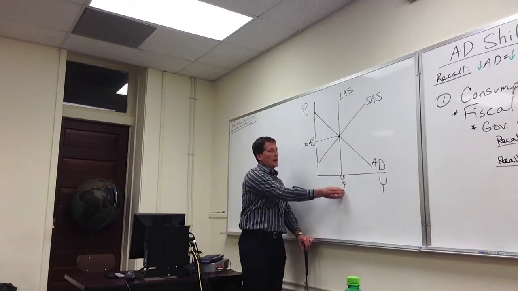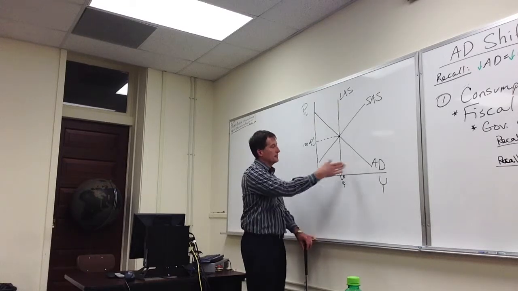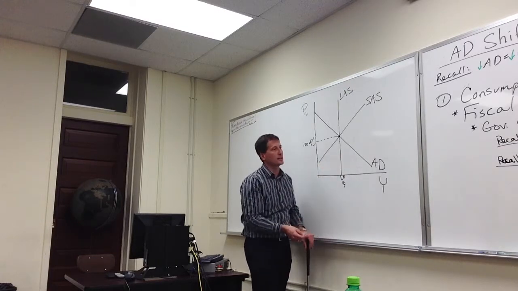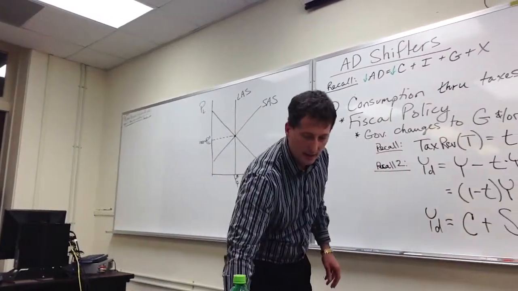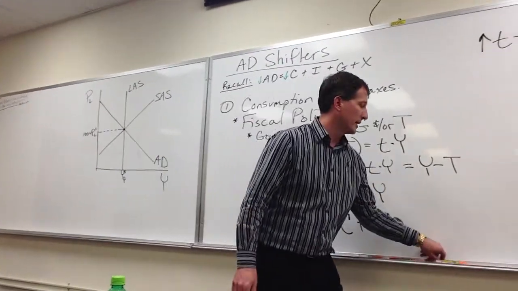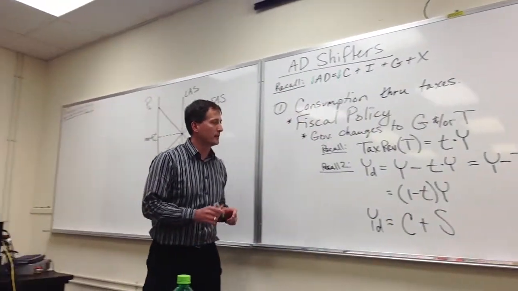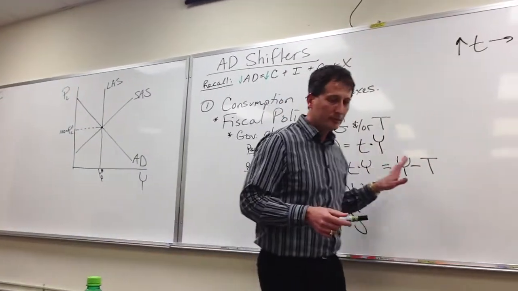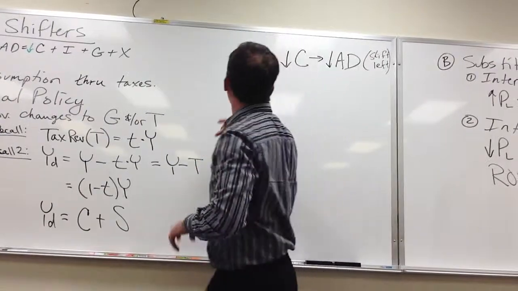Whatever the tax rates are, they're going to be, and we'll get into more complex ways to analyze that in future chapters. But for now, it's a shift to the left, and it's going to lead to a short-run decrease in output and the price level. Okay, there's number one. Number two.